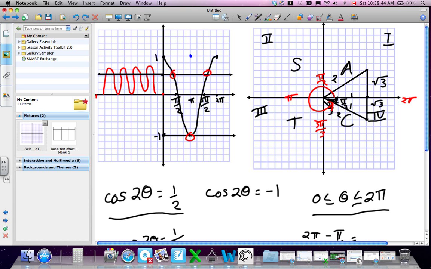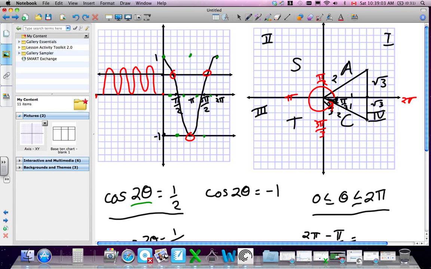So, let's say it in green. At a fourth, we go down, we touch here, up, down. We'll talk about what I'm doing in a second. The period of this function has shortened to pi.